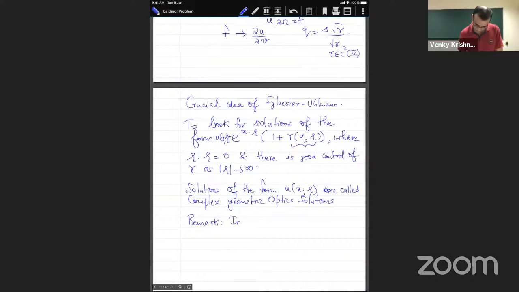So in the Kenig, Sjöstrand, and Uhlmann paper, the linear weight x dot zeta is replaced by a suitable nonlinear weight.